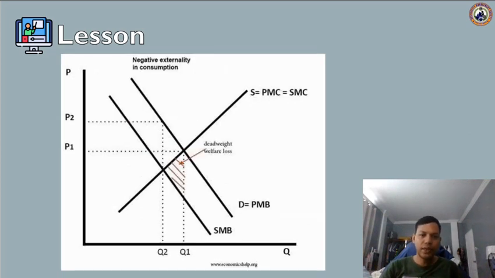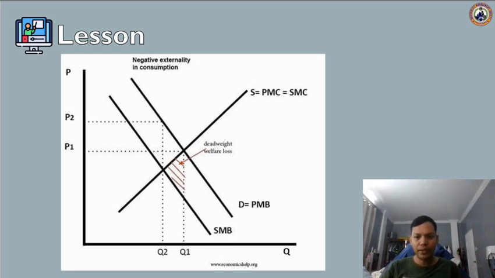Now, there are also negative externalities in the area of consumption. So, when consuming a product causes cost to a third party, for example, if a person smokes in a crowded room, other people have to breathe the smoke, and this is unpleasant for them and can leave them exposed to health problems associated with smoking.